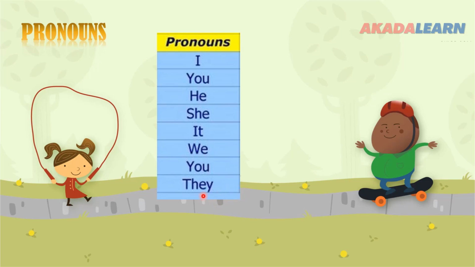So you can say they are coming, they look strange, they are flying, they are crawling. You can use it for anyone and anything when you're talking about others or other things. So don't forget the pronouns we talked about today: I, you, he, she, it, we, you, and they.